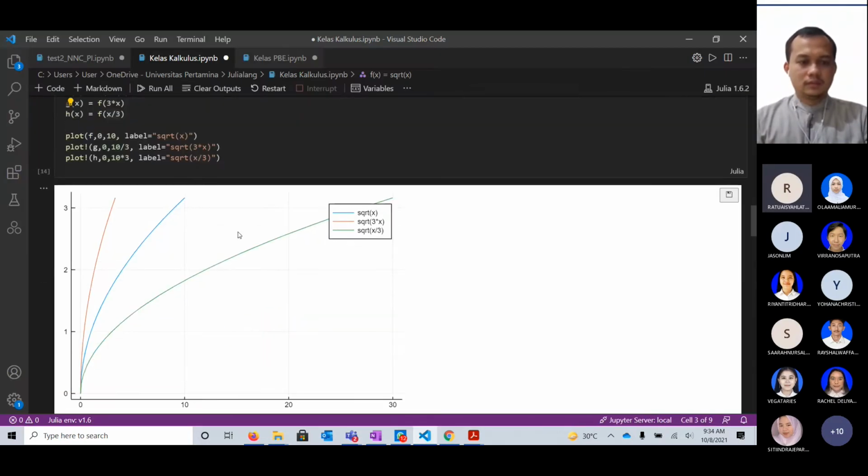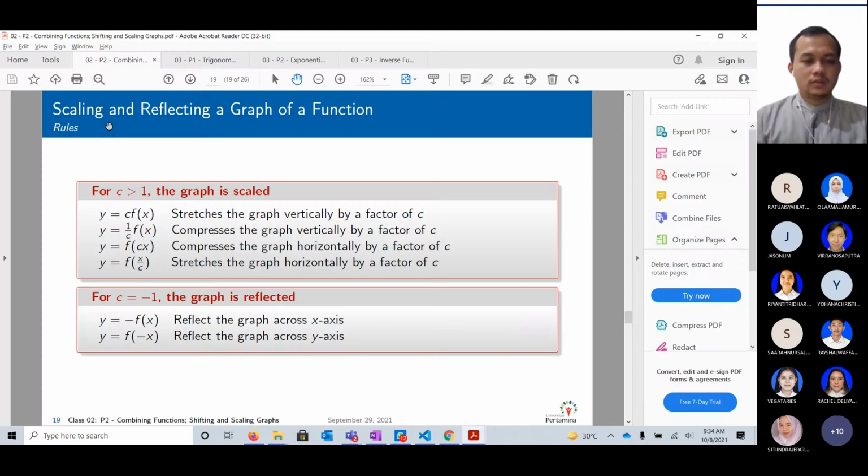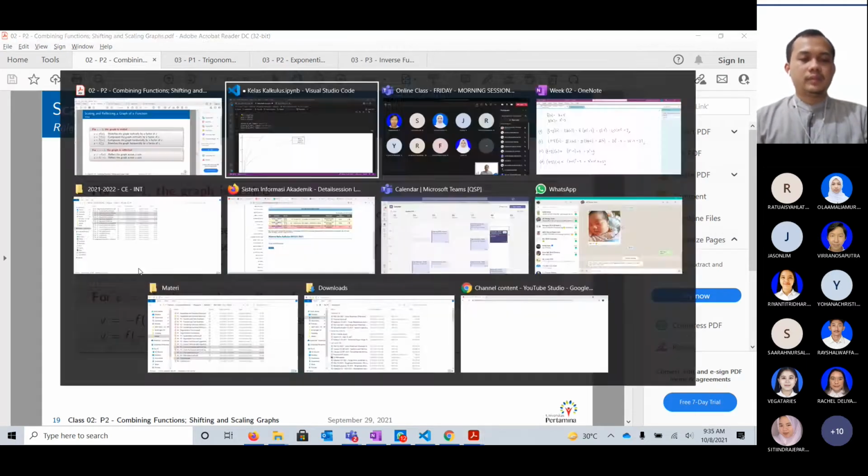This one? Yeah. Okay. So we have square root of x. f of x is square root of x, and the graph is the blue one. Now, I want to illustrate this part. So we multiply x by c, or we divide x by c.